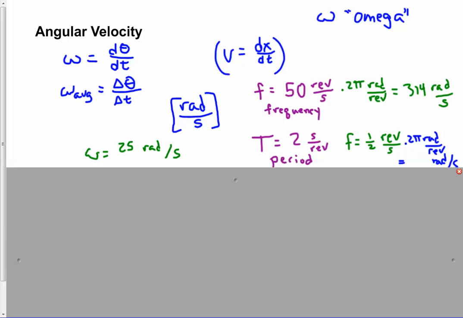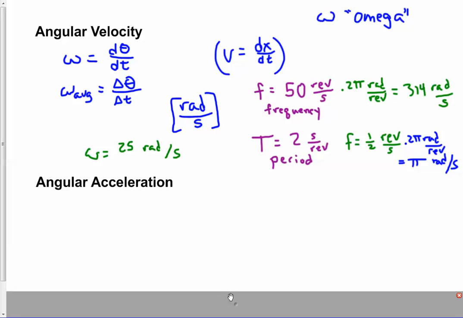And that would be pi, right? 1/2 times 2 pi is pi. Pi radians, 3.14 radians per second. So frequency and period are two alternate ways to give velocity information, but omega, measured in radians per second, is the true angular velocity in any formulas that are coming up.